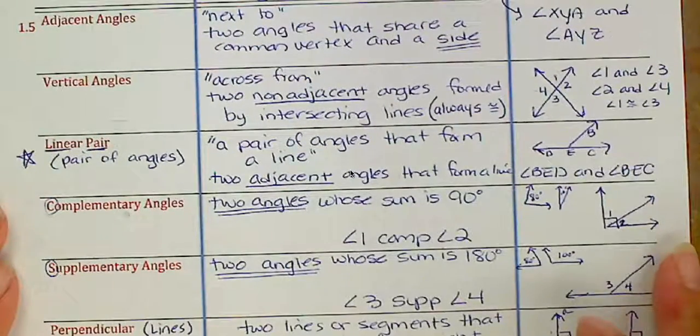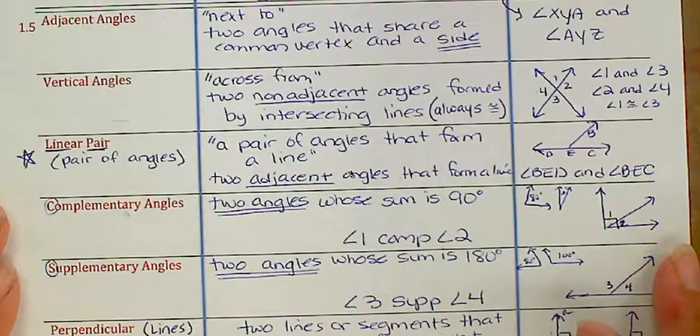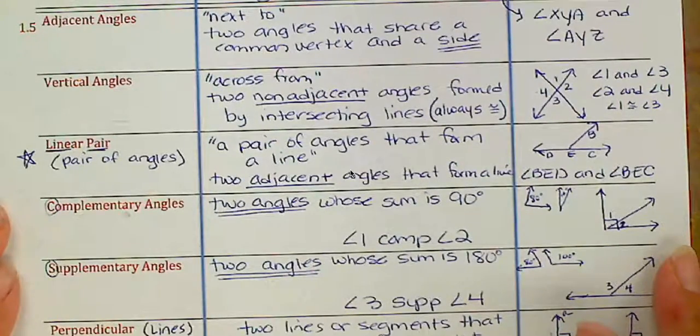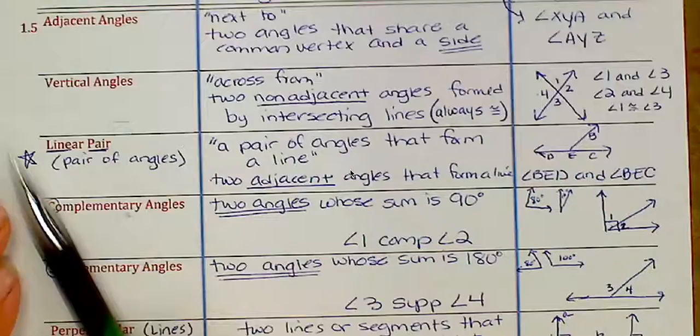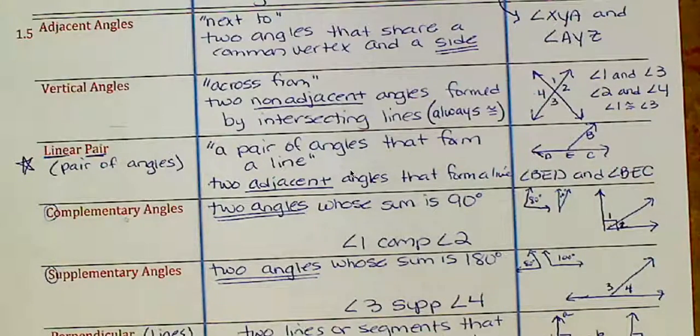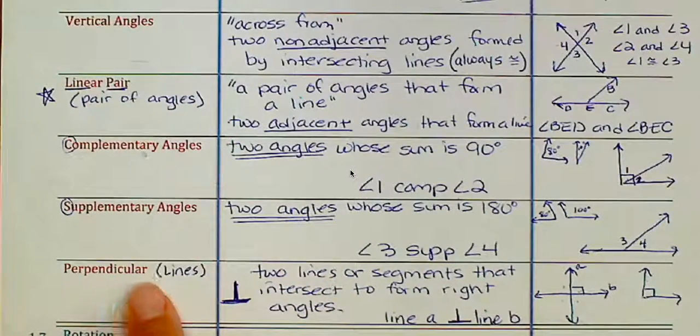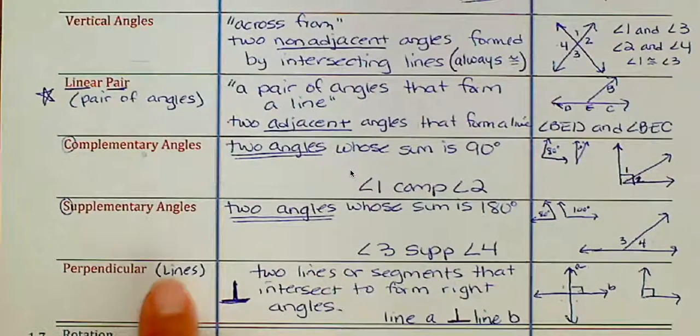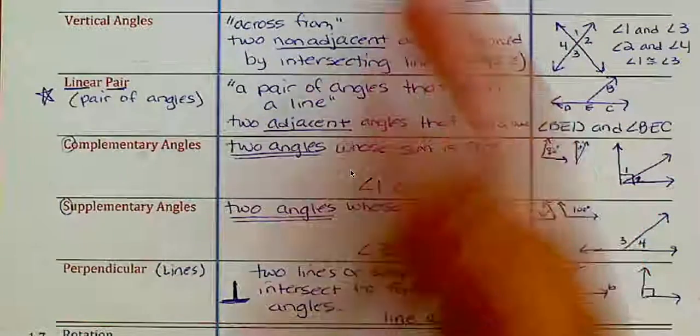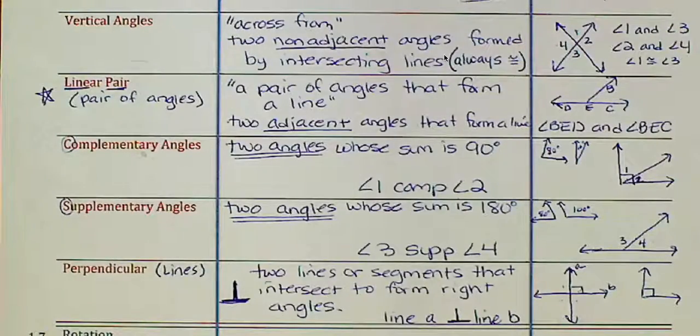So that's what we're looking at for 1.5, and all of those angle pairs. Just be careful that you understand that all of these are angle pairs, and then of course perpendicular, those are lines. You may have to go back and listen to this multiple times, and that's fine, whatever you have to do to learn all of this vocab.